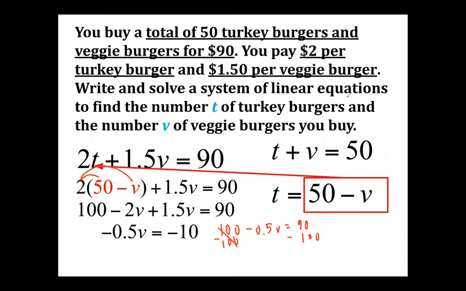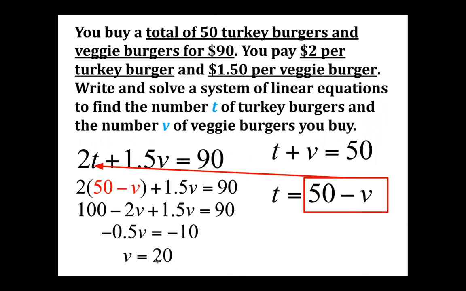And lastly, divide both sides by negative 0.5 so that you can isolate v. So negative 10 divided by negative 0.5 would equal positive 20. So the number of veggie burgers that we bought was 20. However, we know that we need to find both the number of turkey and veggie burgers.